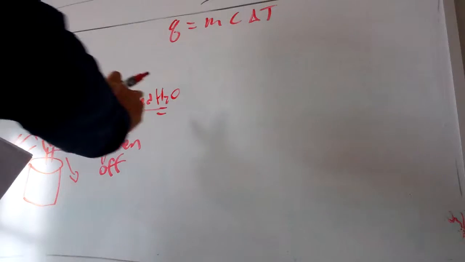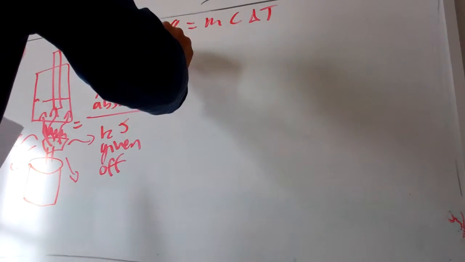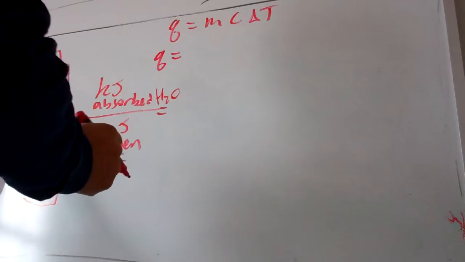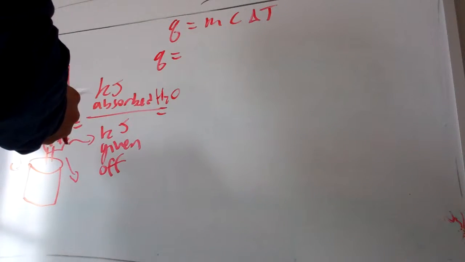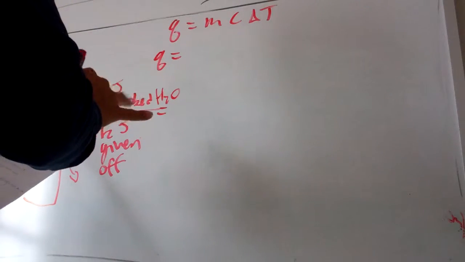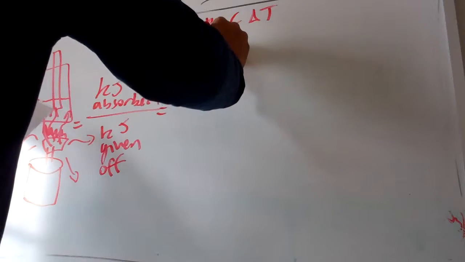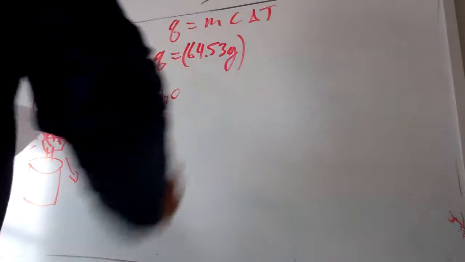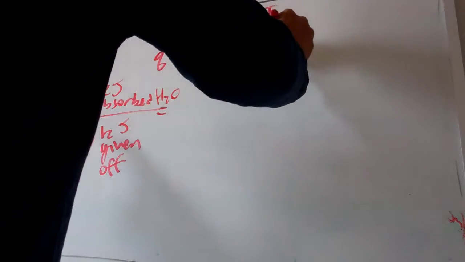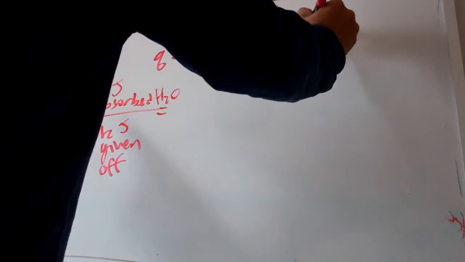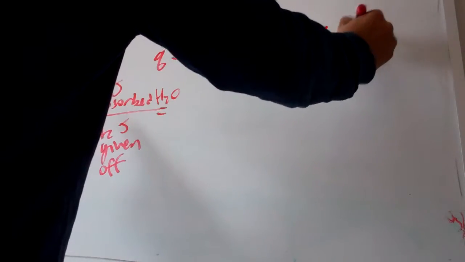So here it is, folks. Q is equal to mc delta T. The energy transferred by heat to the surroundings is going to be the mass of the water, something like 64.53 grams of water. The specific heat of water, which is 4.186 joules per gram degrees Celsius.